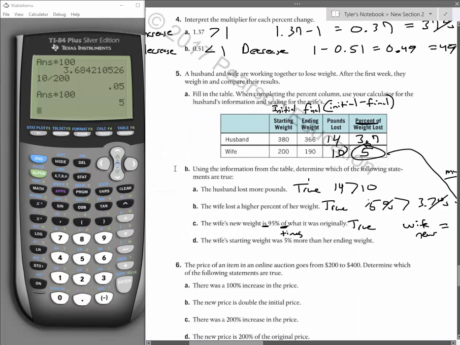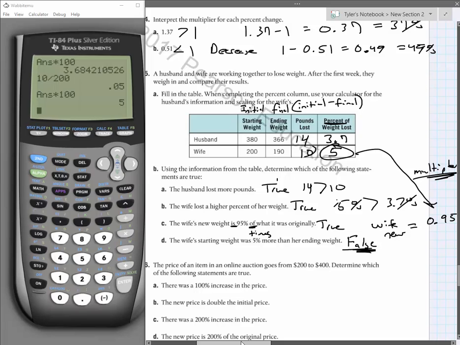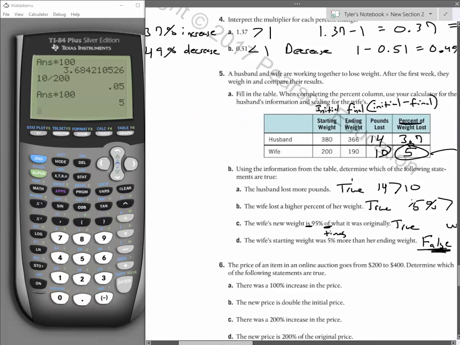So then part D says the wife's starting weight was 5% more than her ending weight. So this is actually false. The reason why it's false is that there's a changing base going on here. Base is what we base the percentage on.